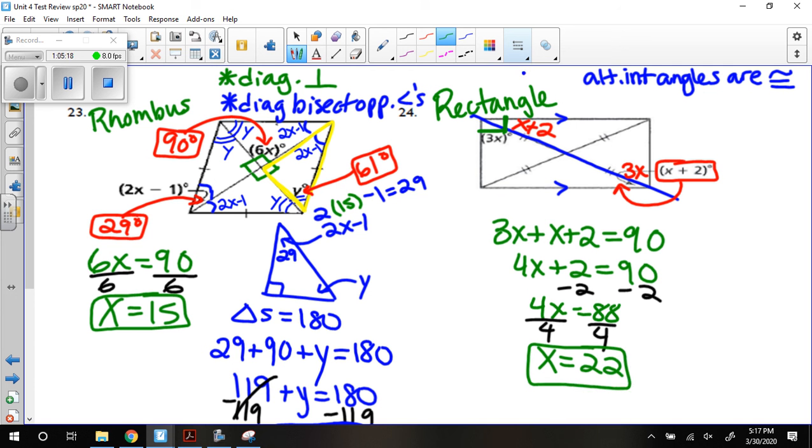Okay, we are told to find the measure of those angles. So 3x, that is this angle, 3 times 22 is 66 degrees. And this angle, the x plus 2, 22 plus 2 makes 24 degrees.